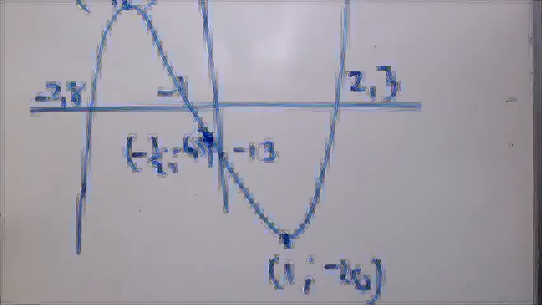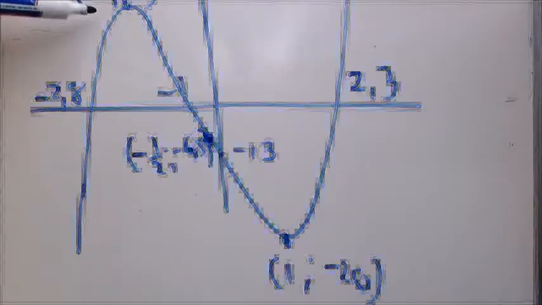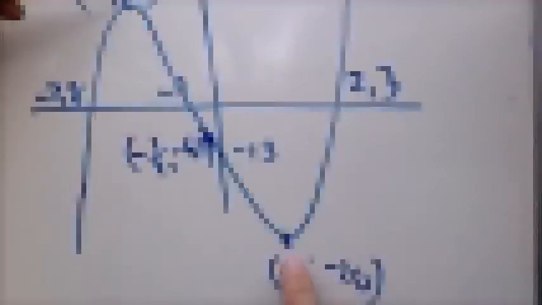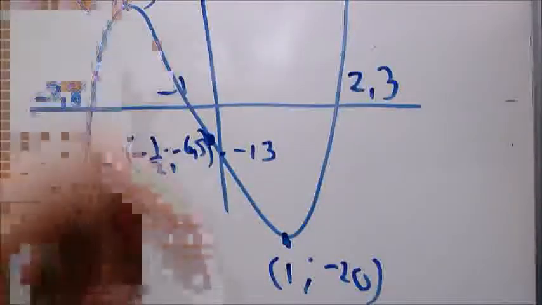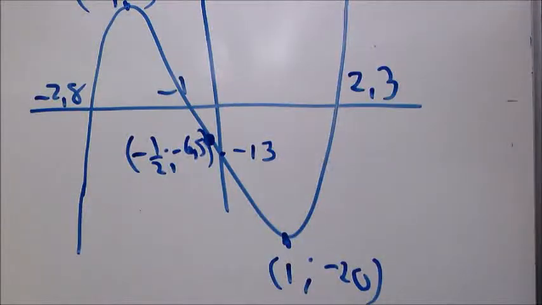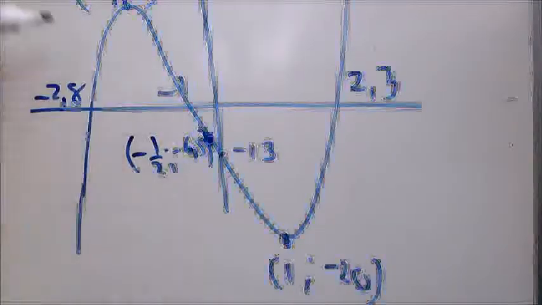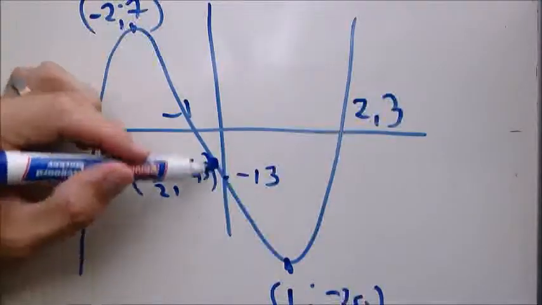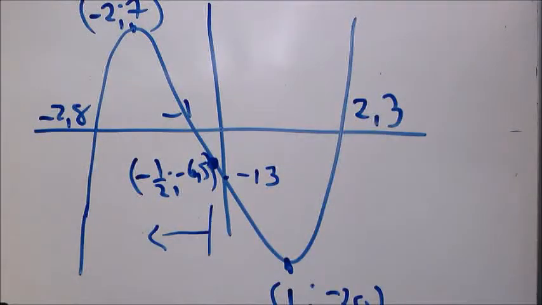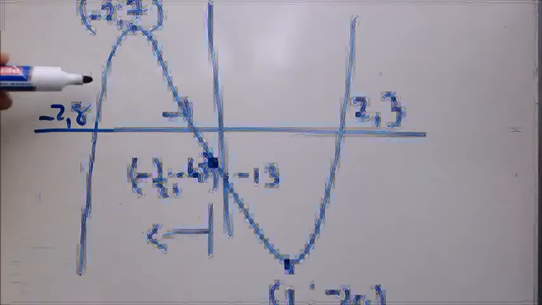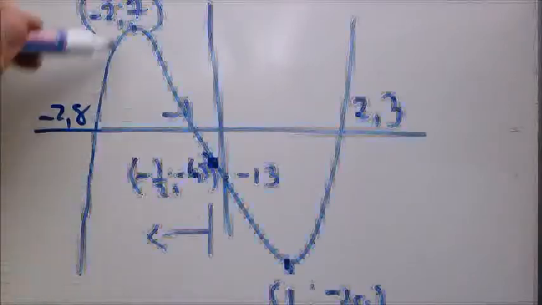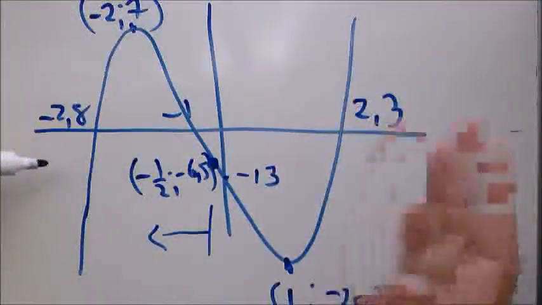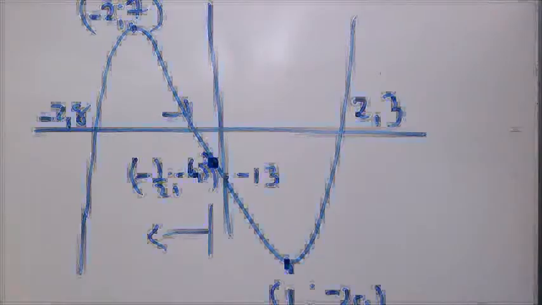And again, you can look at the coordinates of the turning points to determine if it's concave downwards or concave upwards, or you can take the second derivative, substitute in negative 2, for example, any x value left of the point of inflection, and that will give you a negative answer, and you know it looks like that. To the right will give you a positive answer. And that's how you draw a cubic function.